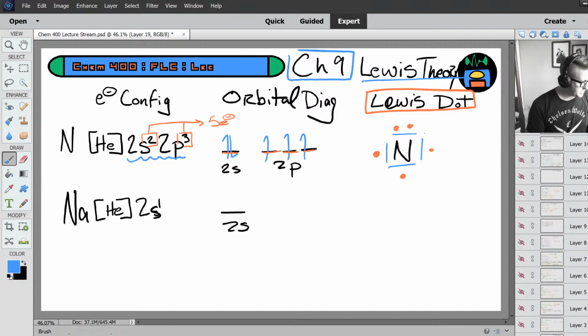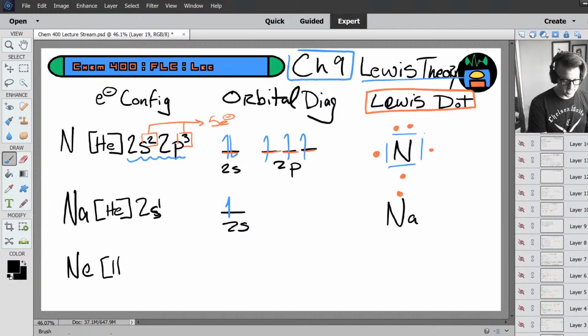So we have 1 electron here. And so the Lewis dot structure for sodium would be just 1 dot. And it doesn't matter which side you put it on, as long as there's only one valence electron around your central atom.